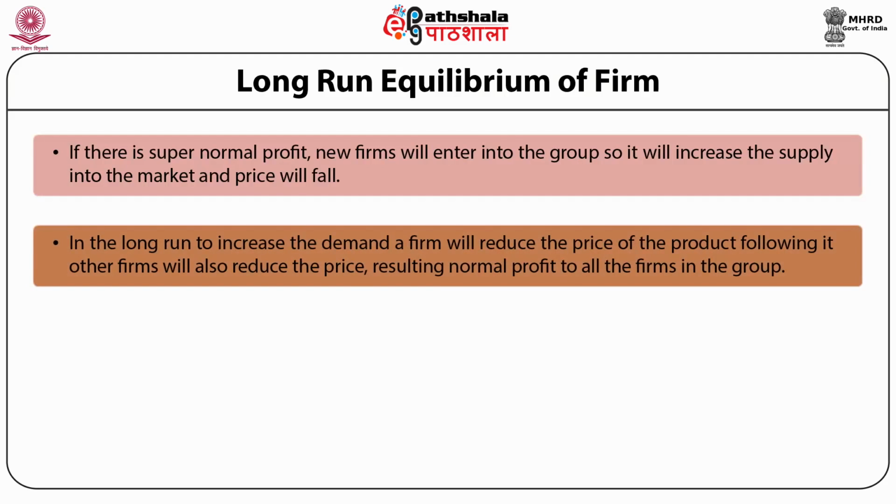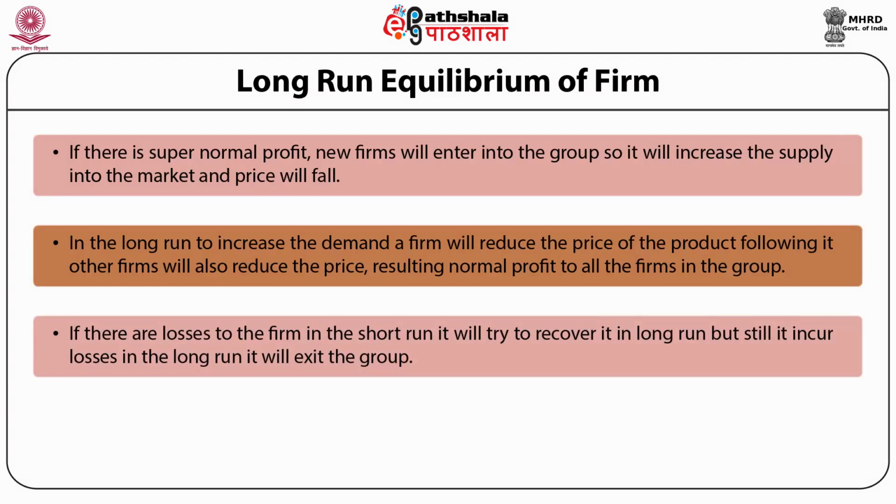In the long run, to increase the demand, a firm will reduce the price of the product. Following it, other firms will also reduce the price, resulting in normal profit to all the firms in the group.